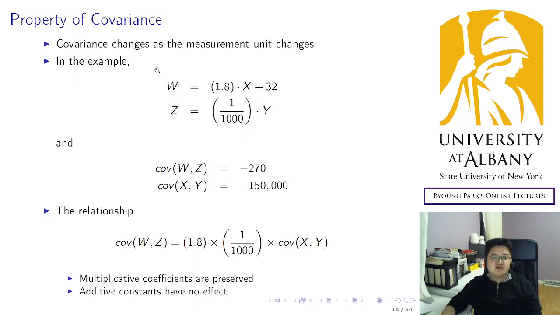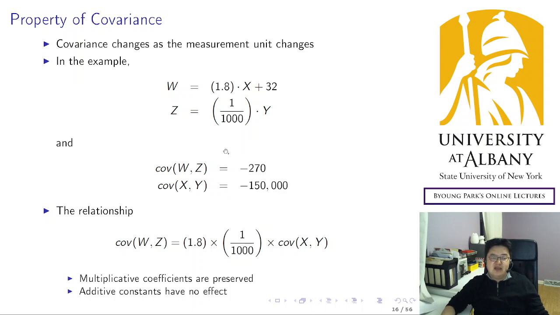Here is the answer. In our example, the temperature in Fahrenheit is a linear transformation of x. So Fahrenheit is 1.8 times Celsius plus 32. And z is the GDP per capita after deleting 3 zeros, so just divide the original GDP per capita by 1,000. Because of these two linear transformations, the covariance changes this much.